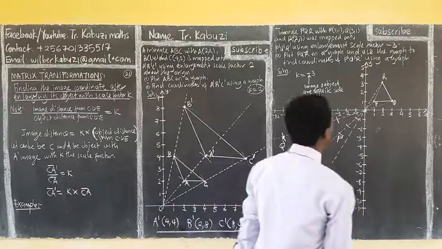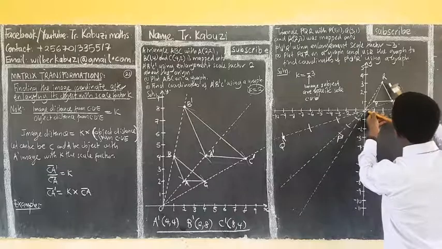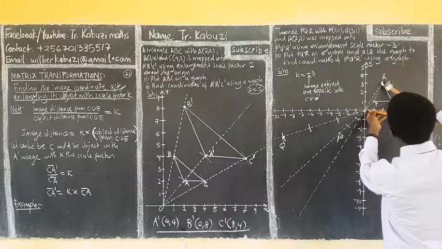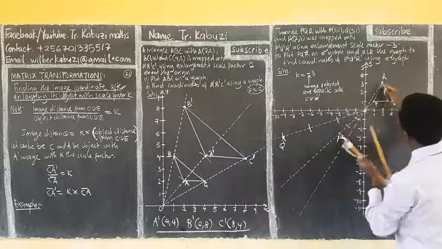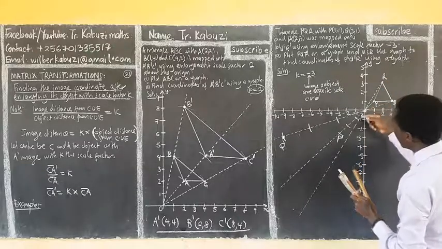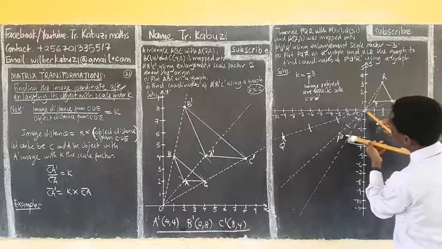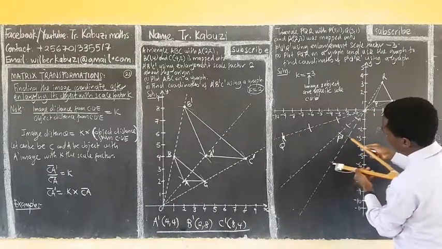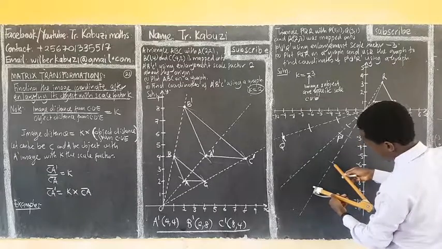Then I move to R and measure for R. R is going to be here. I follow the line from R through the center of enlargement. This is going to be 1, the second, then my third, like that.